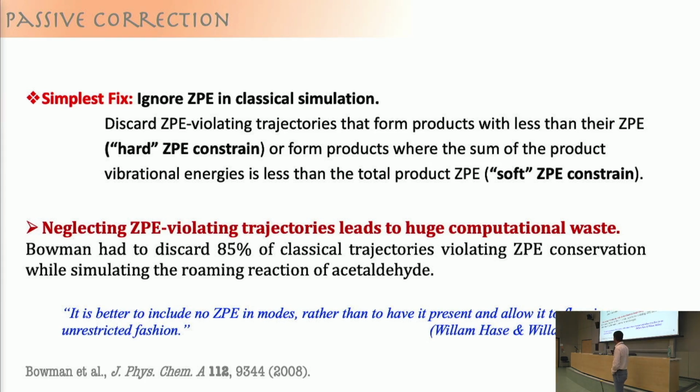For instance, Bowman had to discard 85% of its trajectories as zero-point energy violated while simulating the roaming reaction of acetaldehyde. And nowadays, we are not very proud of doing such computational waste, right? Because we are now very much aware of carbon footprint emission.